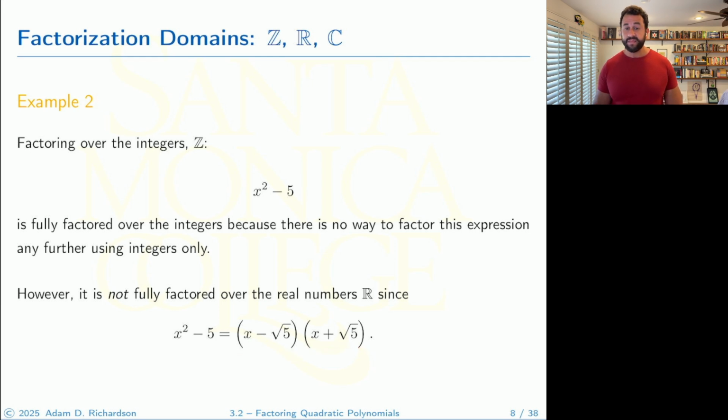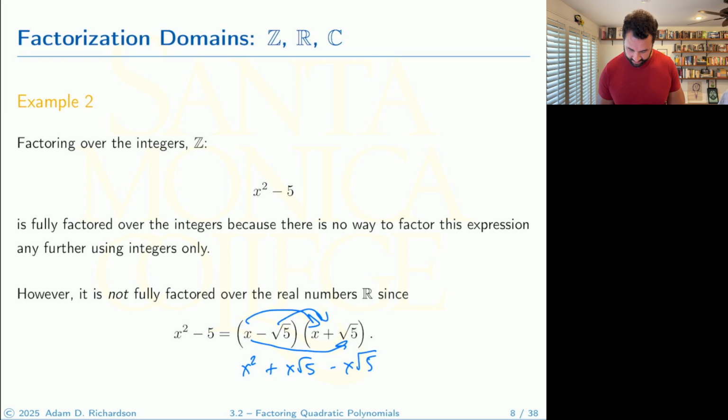This might seem a little weird, but let me show you that these two things are indeed equal. I'm just going to redistribute it using the FOIL method. I'll use blue. x times x gives me x squared. x times root 5 gives me x root 5. Negative root 5 times x gives me negative x root 5.